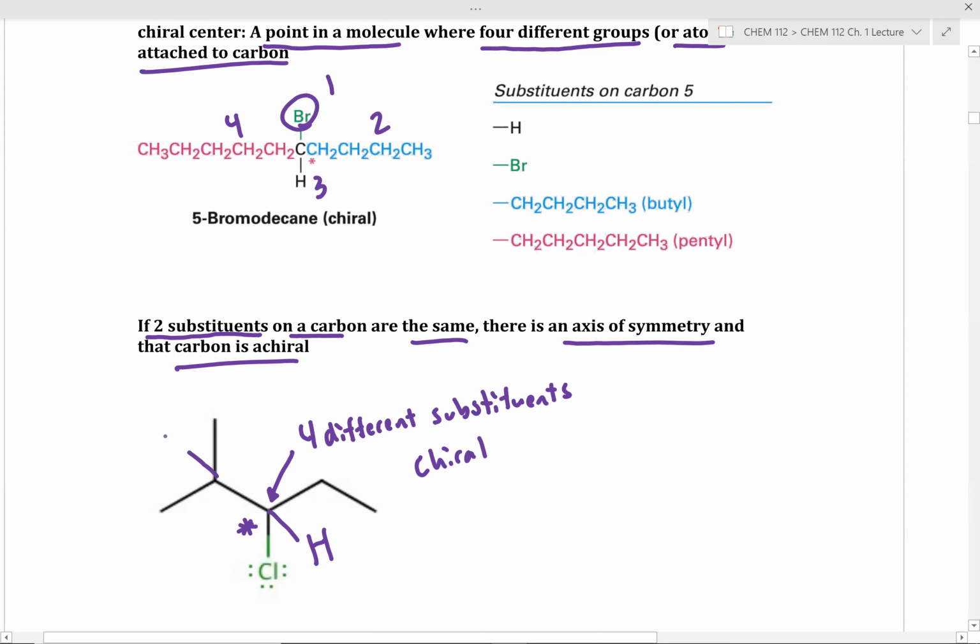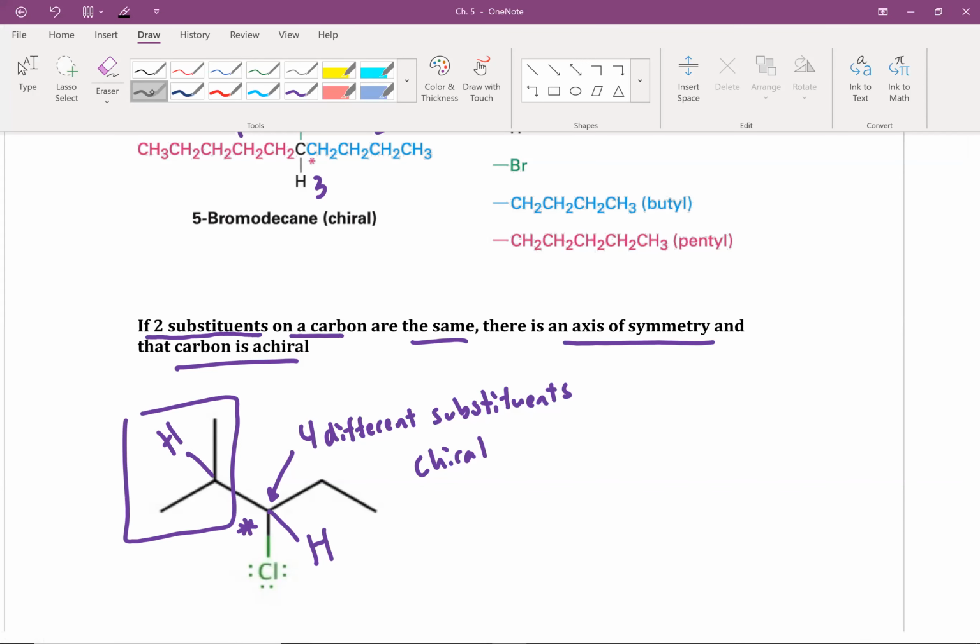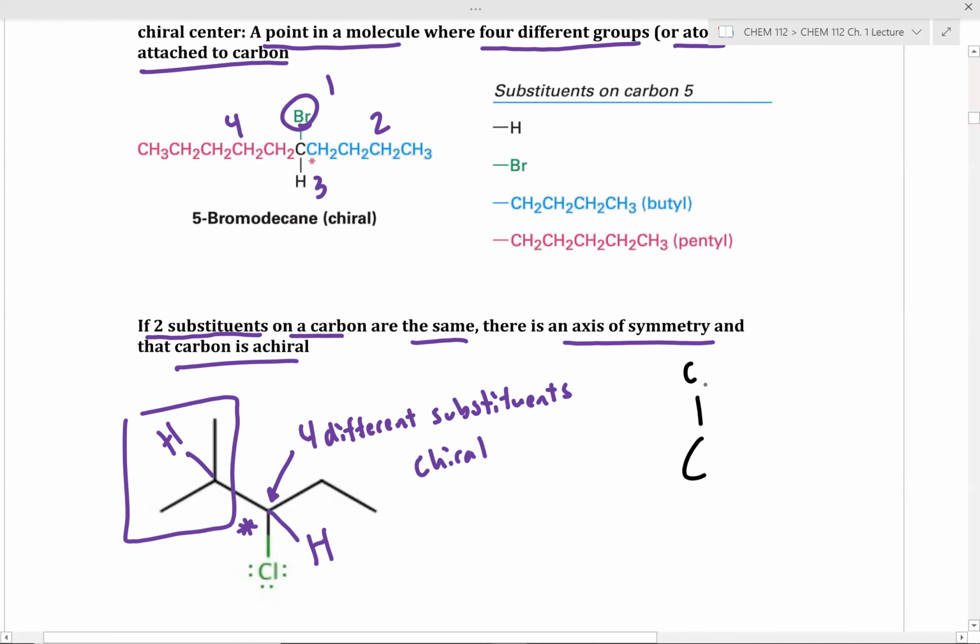Now, if we compare the carbon attached to the chlorine to this isopropyl-like carbon, my question to all of you is, let's dissect now what substituents are attached to this isopropyl carbon. So first we have a methyl, we have another methyl, we have a hydrogen, and we have the rest of our chain.